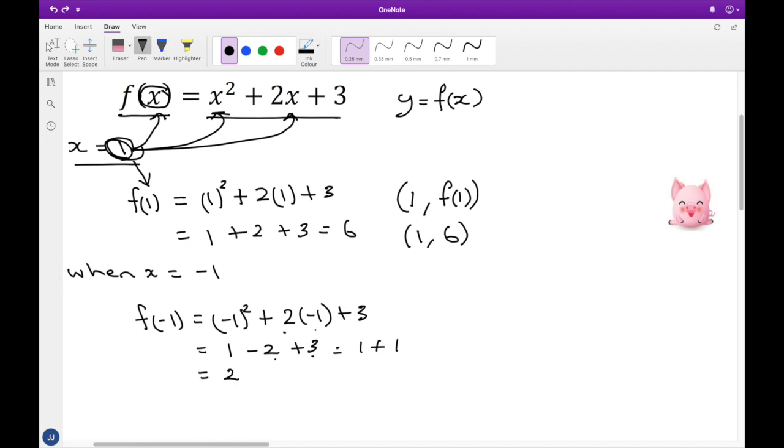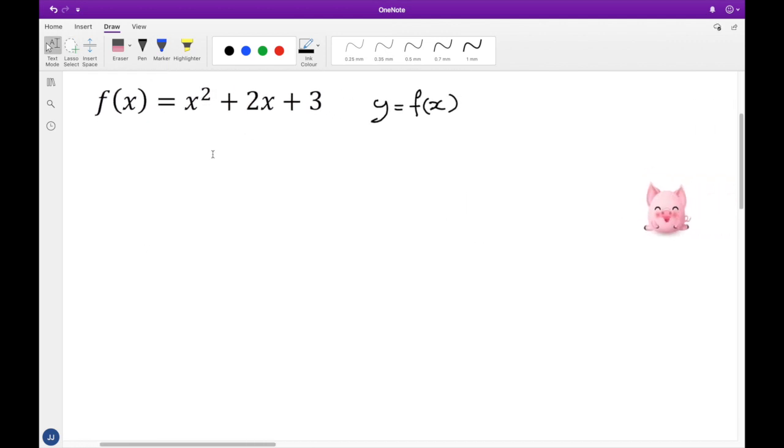So in this case, I have the coordinates, x is -1, and then the y coordinate will be the f of -1, or the value of the function when x is -1. So I have -1, and then the y value ends up being 2, right? So this is when we use the f of x notation to substitute a value of x.